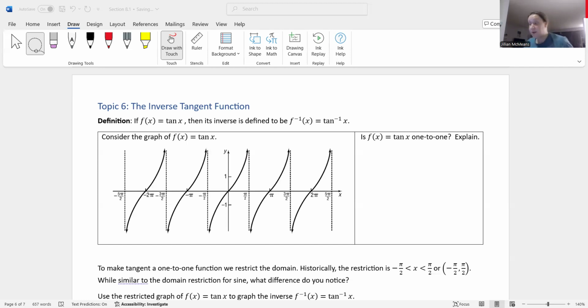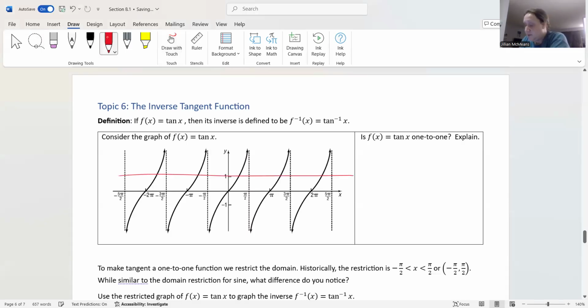The question is, we know that tangent's a function. This for sure passes the vertical line test, but is it a one-to-one function? And the answer is absolutely not. If we were to draw a horizontal line, we can see very easily that, even on this relatively tiny little segment of tangent, we intersect tangent many, many times with this horizontal line.